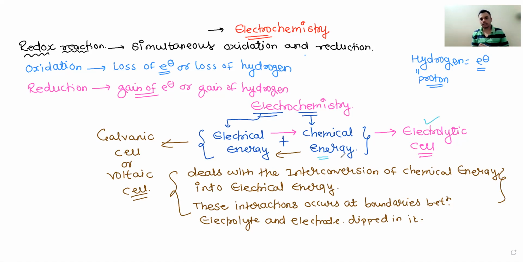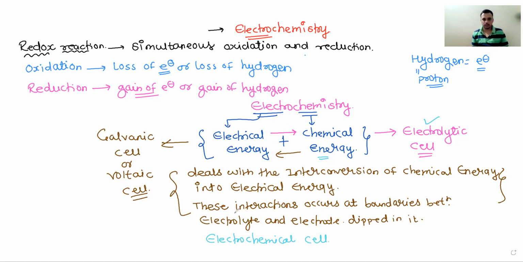And if we are giving chemical energy as input to get electrical energy as output, this whole conversion is referred to as an electrochemical cell.